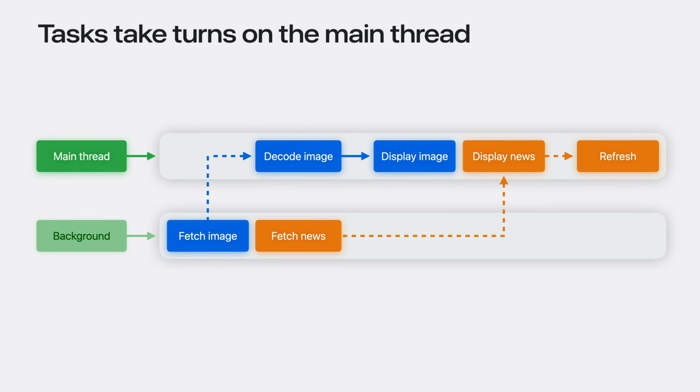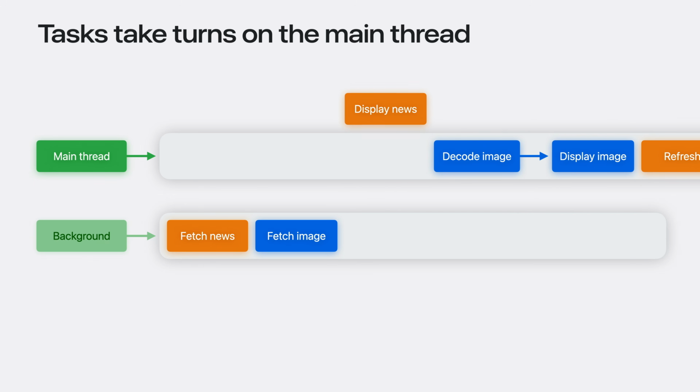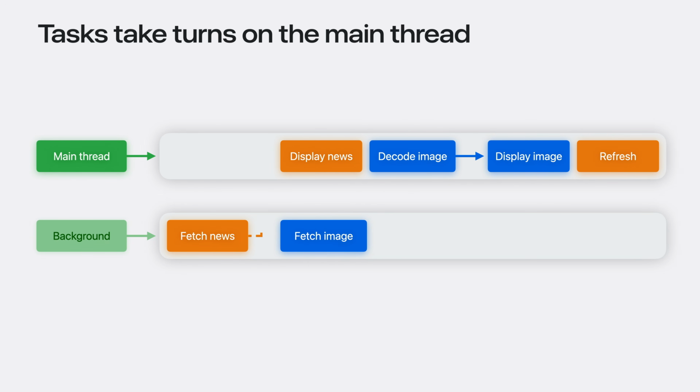If fetching the image completes before fetching the news, the main thread will start decoding and displaying the image before displaying the news. But if fetching the news finishes first, the main thread can start displaying the news before decoding the image. Multiple asynchronous tasks are great when your app needs to perform many independent operations at the same time.